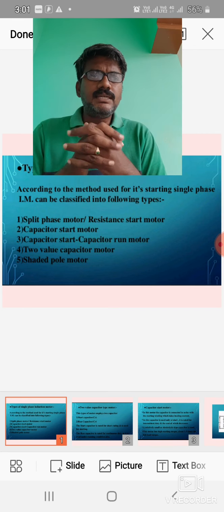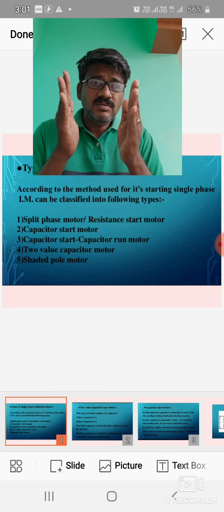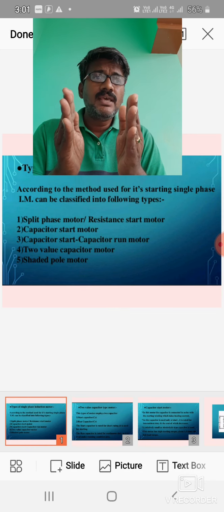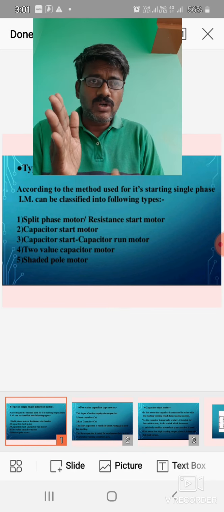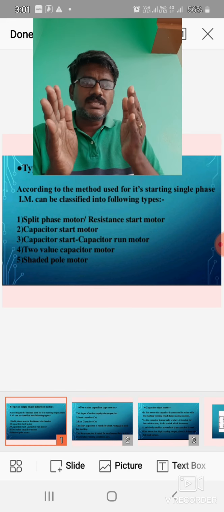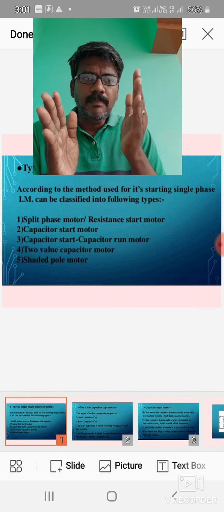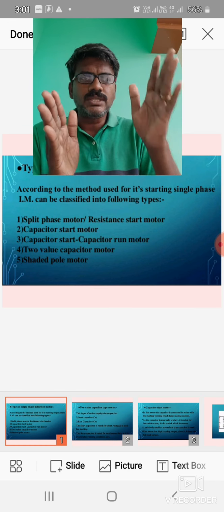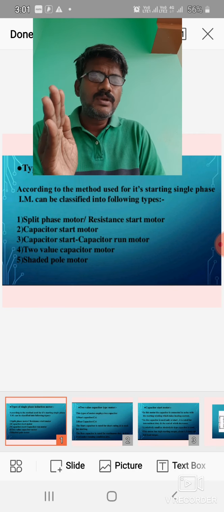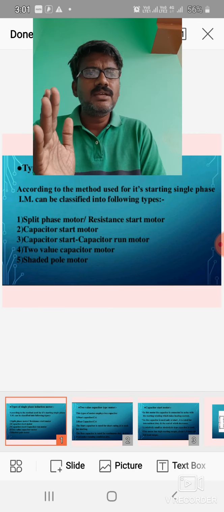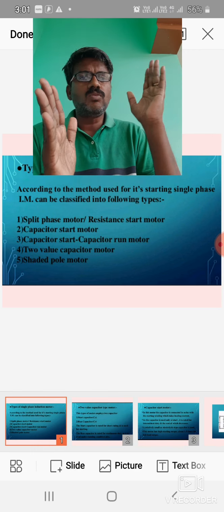Based on that, the first motor is the split phase or resistance start motor, where the second winding is made resistive in nature. One is inductive, another is resistive. That is known as a resistance start motor.